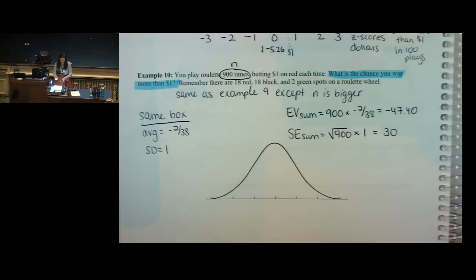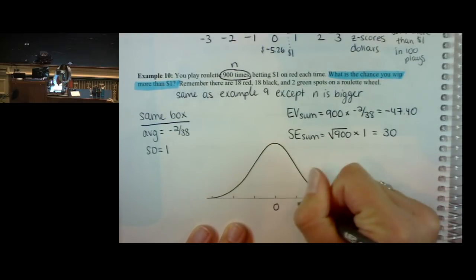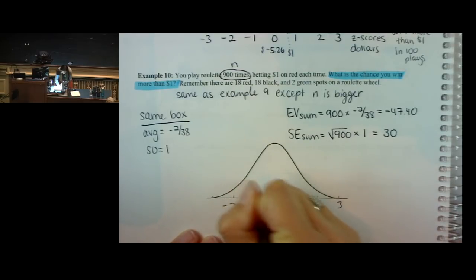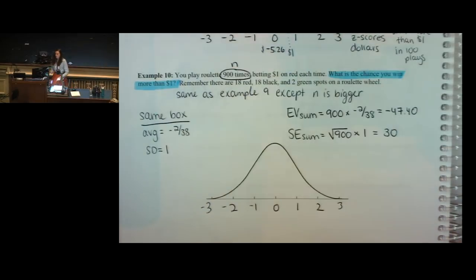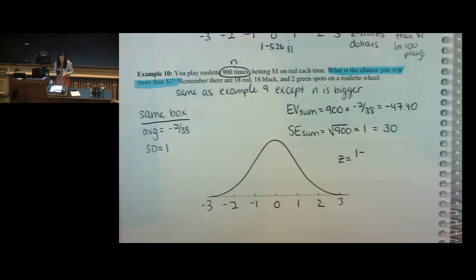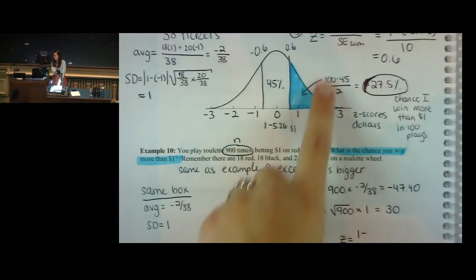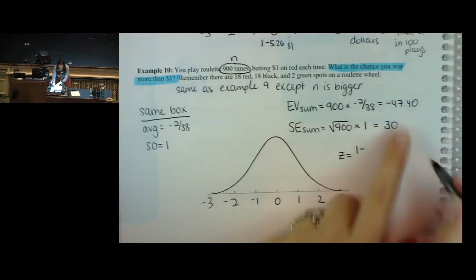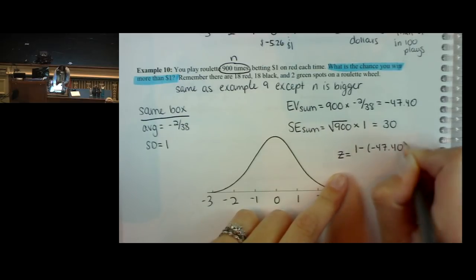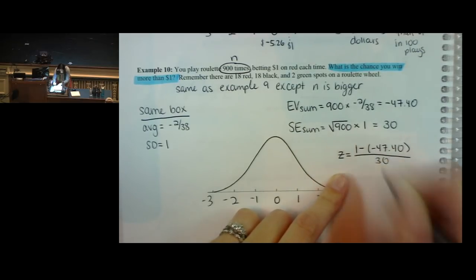So now let's mark down, what is our question? What's the chance I win more than $1? Well, I have to do the same thing I did up here. I have to convert $1 to a z-score. My value is $1, and I'm going to use my new expected value and standard error, negative 47.4 and 30.